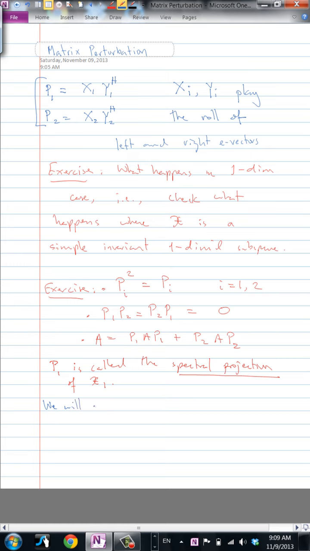We will see in a future problem set exercise that the magnitude of P1 controls the sensitivity of eigenvalues in L. And we'll see this by looking at the one-dimensional setting.